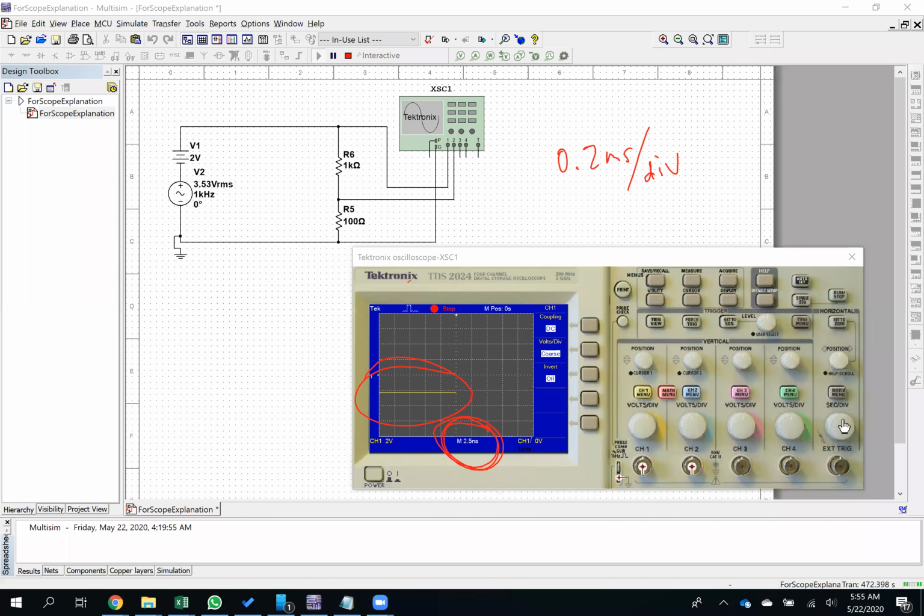I'm going to grab the horizontal seconds per division scale and I'm going to start turning it. Now remember, 0.2 milliseconds is 200 microseconds. Oh, I'm going the wrong way. Okay, I want 200 microseconds. Oh, I had it.